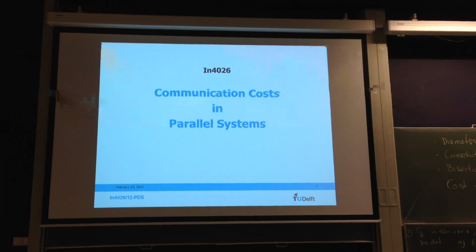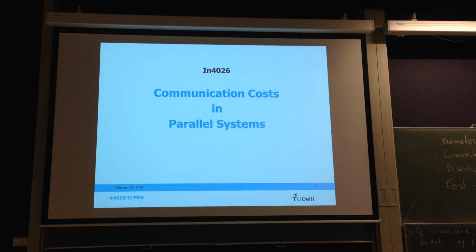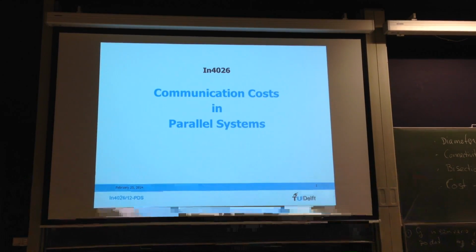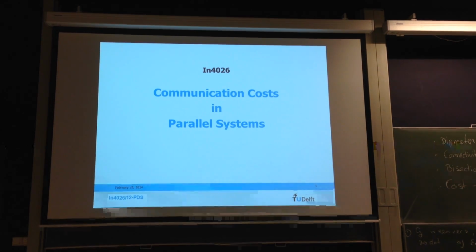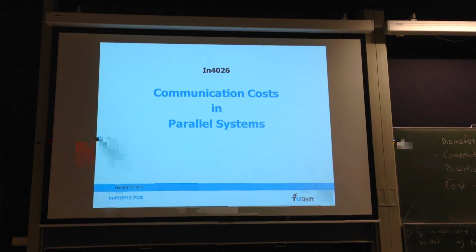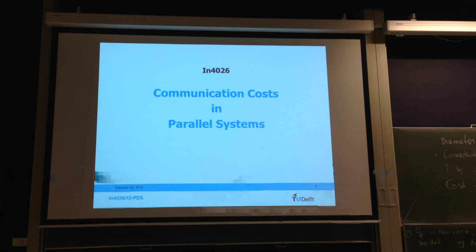Then we have to know how we communicate from one point to another point. After that we're going to continue with the discussion on what kind of communication patterns we typically see in parallel computers. Is this arbitrary, or are there some standard patterns on which we can do some calculations on the communication costs?